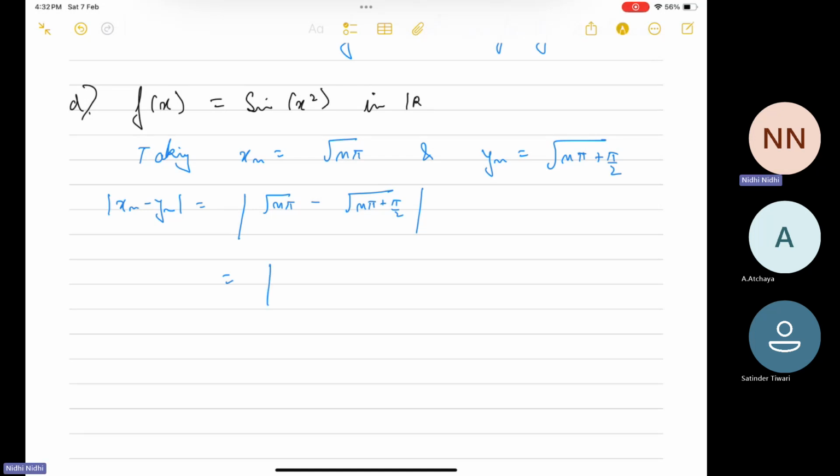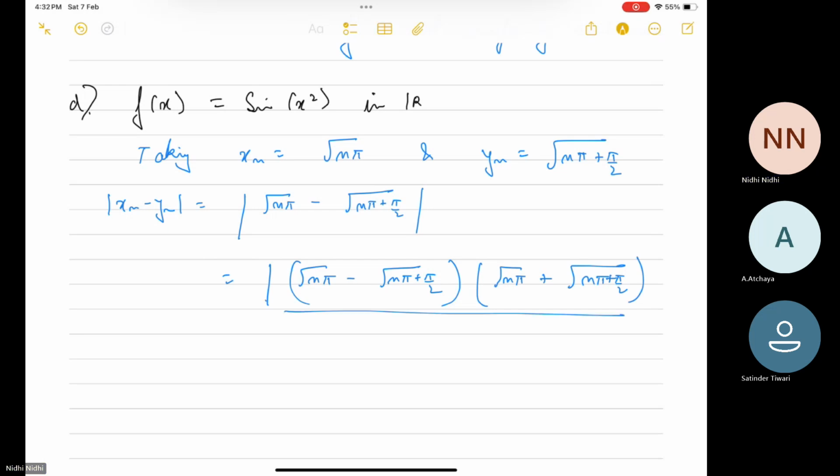So this will give us, in the denominator, root n pi plus root of (n pi plus pi by 2).